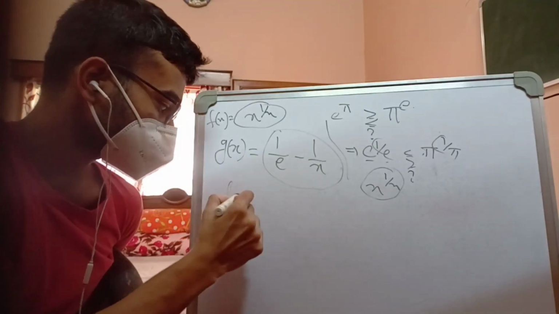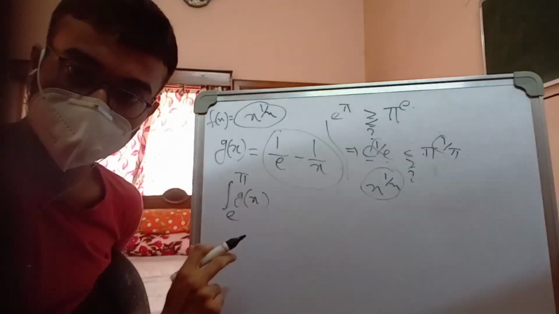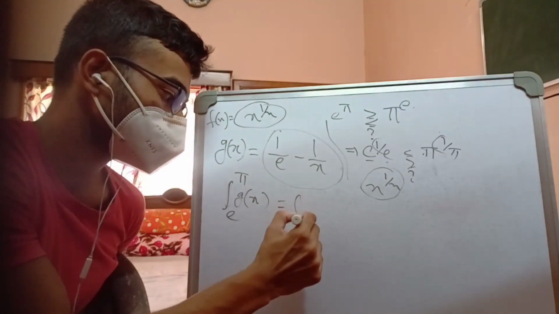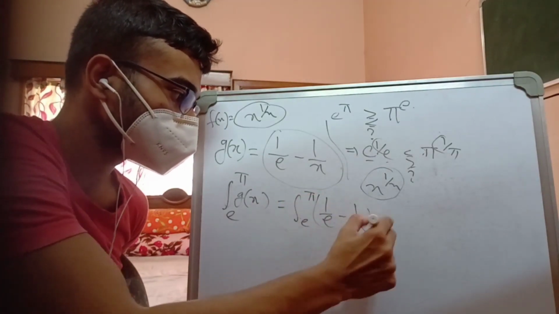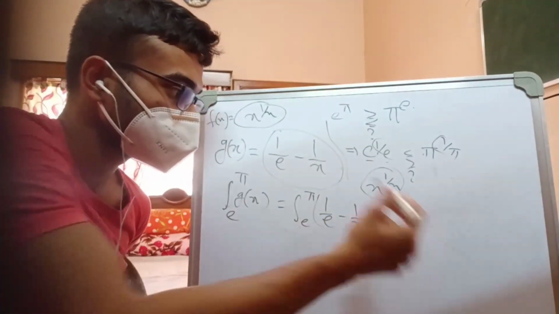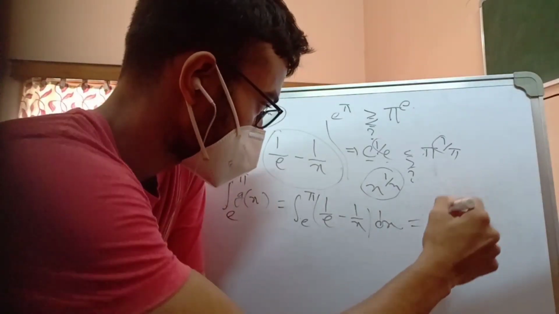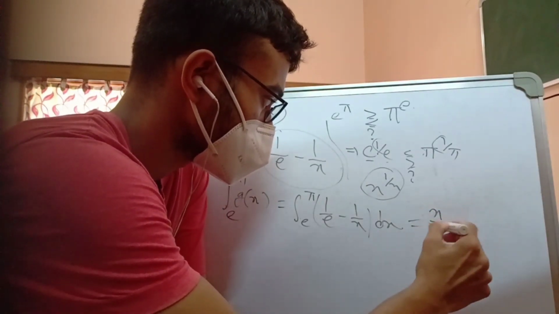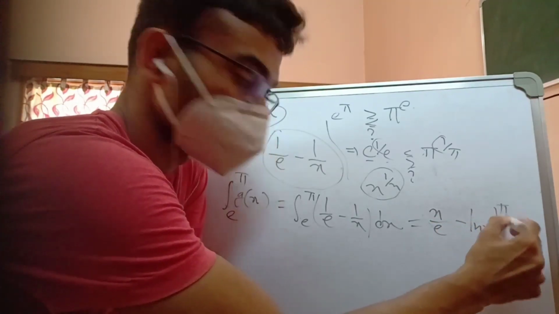Okay, so let's see how we can actually make the most of it. We have to integrate our g of x from e to pi with respect to x, and you know integration is really easy. The integration would be x over e minus ln x, from e to pi.